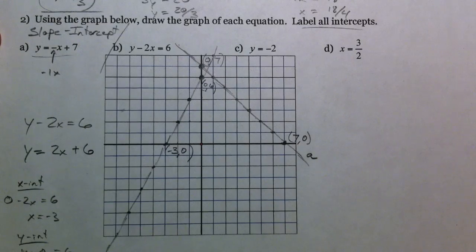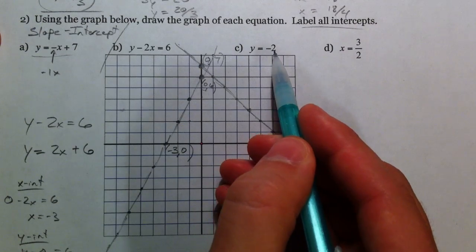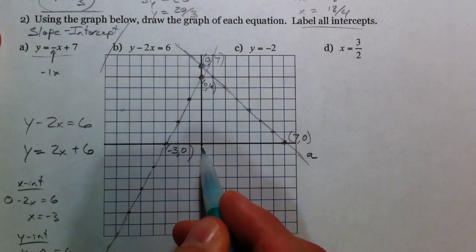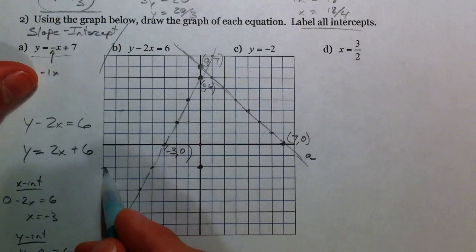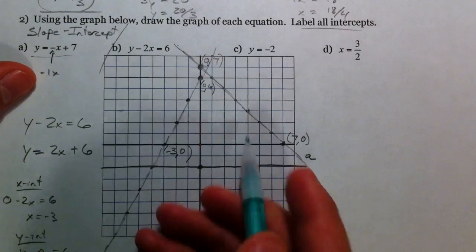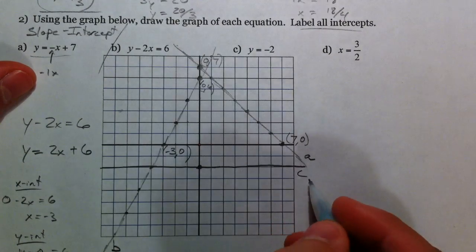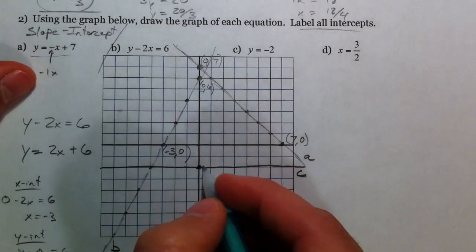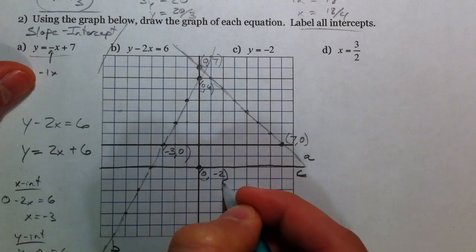The next two are horizontal and vertical, and we get those switched up a lot. So be very careful with these. y equals negative 2. So all the y values are negative 2, and that is this horizontal line. So this was A, this was B, this is C. And it has a y-intercept of (0, -2).